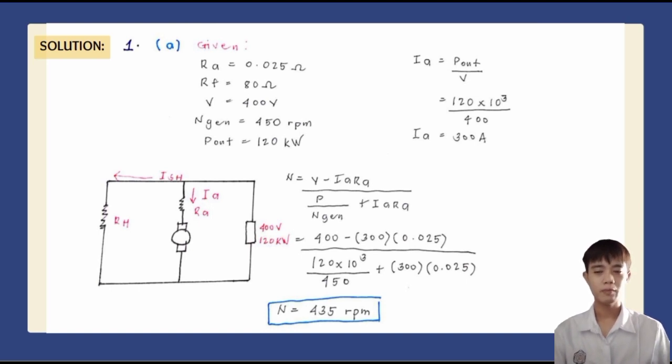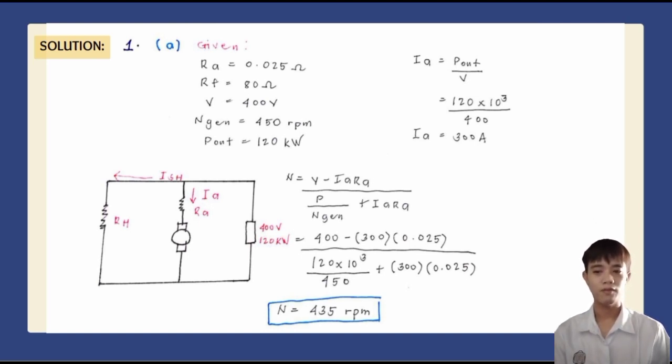Now we can calculate the speed when the machine is running as a motor and absorbing 120 kilowatts. So N is equal to (V minus IA times RA) over (P out over N plus IA times RA).